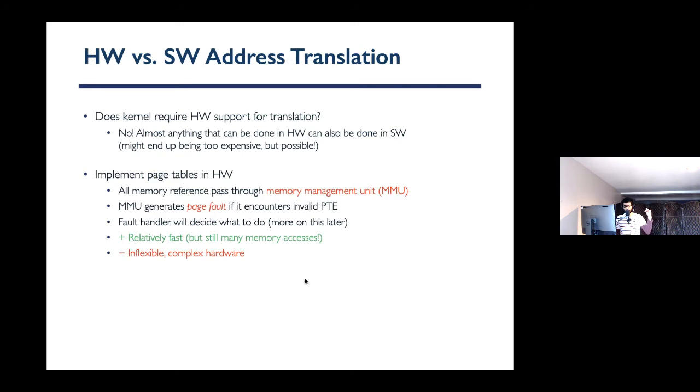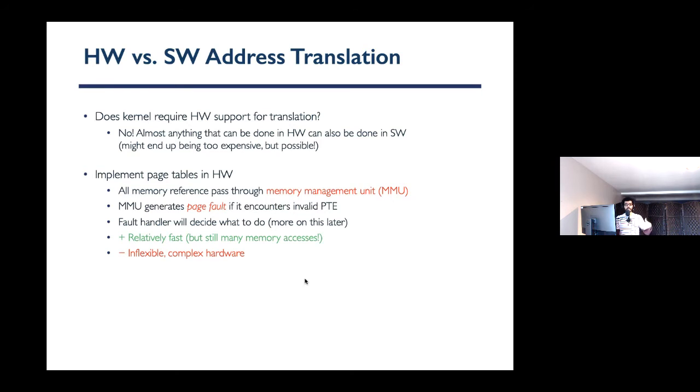Now, if the memory management unit tries to translate something using the page table and the page is not valid, or the permissions aren't set, let's say you want to write to a page that, according to the page table, you only have read access to, then the memory management unit tells the CPU that something went wrong, you have to raise an exception. So the CPU raises an exception.